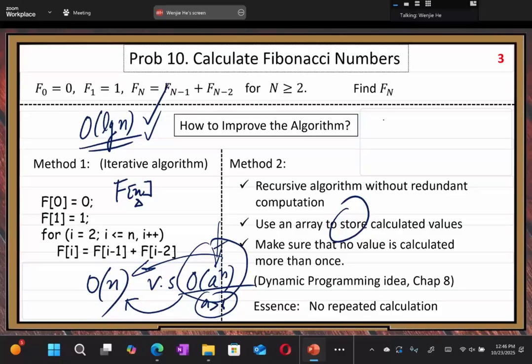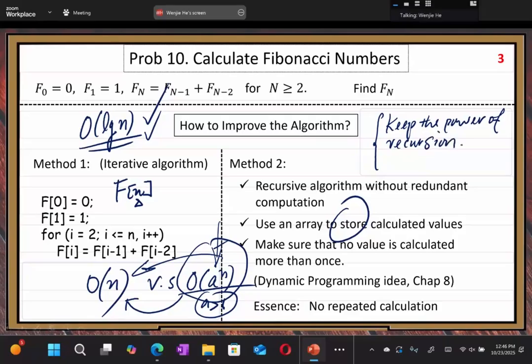All right, as a summary, why do we need to consider dynamic programming? Two reasons here. The first reason: we want to keep the power of recursion.